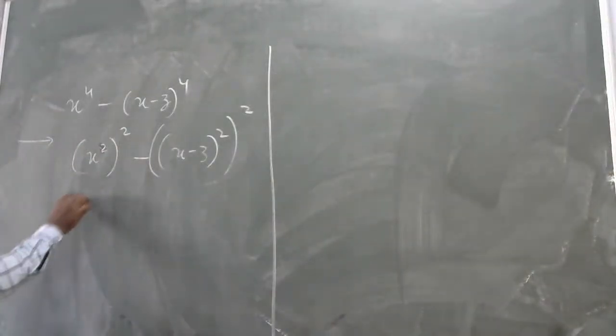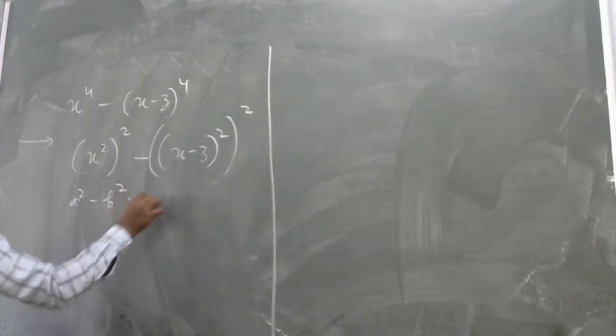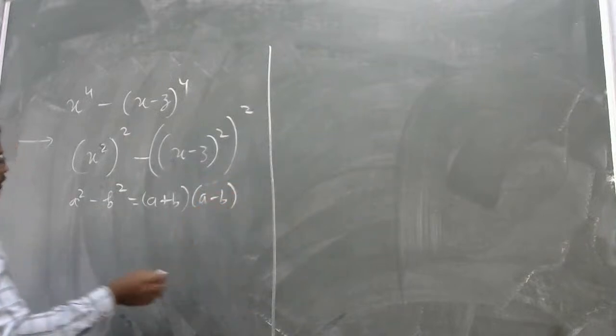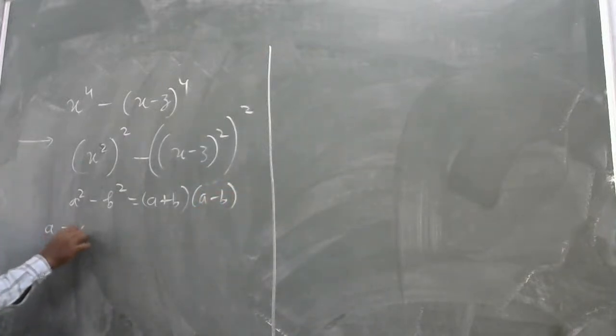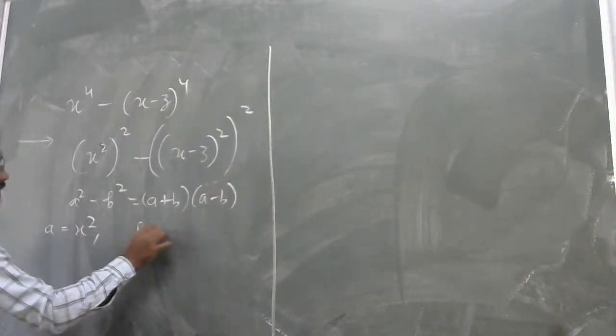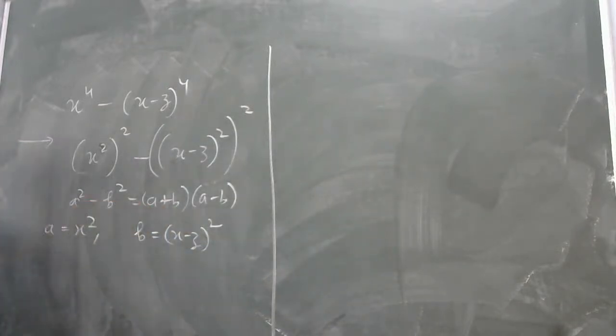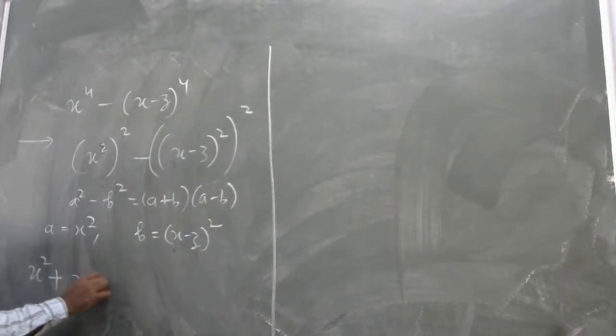So it is of the form a square minus b square. You can write it as (a plus b) into (a minus b). So here the value of a is x square and the value of b is (x minus z) whole square. A plus b, that is x square plus (x minus z) whole square.